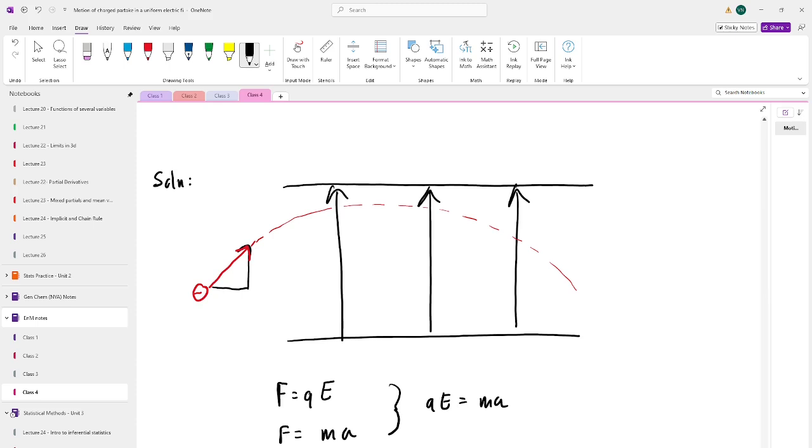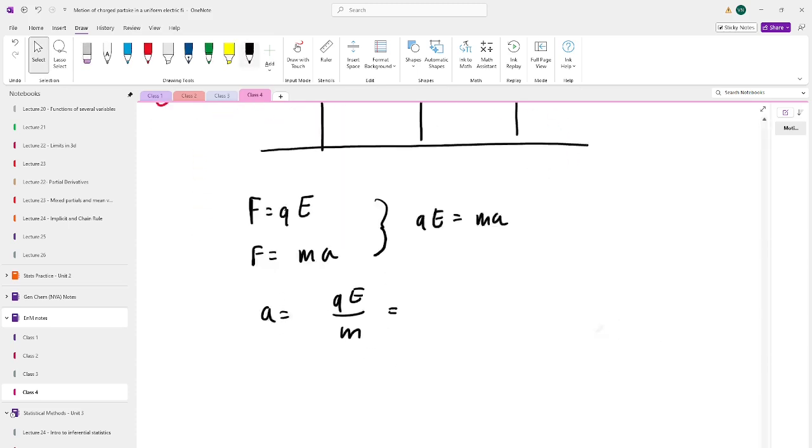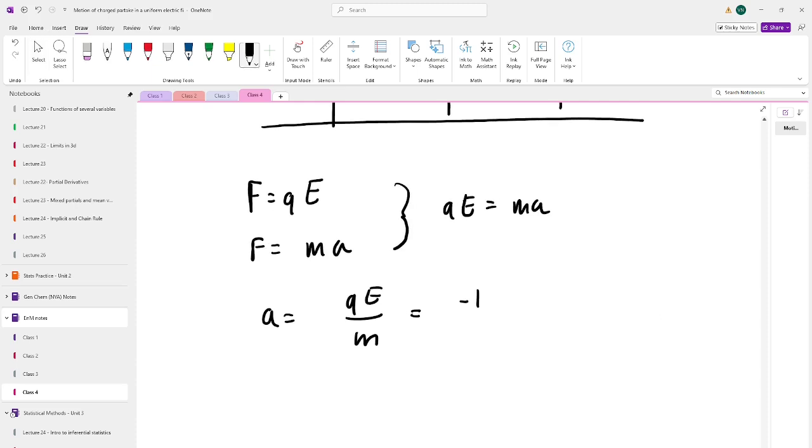That also makes sense because we can see that the particle was given an initial velocity like that, and its final velocity is like that. So there has been no change in the horizontal speed, but the vertical velocity has gone from going straight up to going straight down. Thus, there must be a negative acceleration in the y direction. So Q is going to be minus 1.60 times 10 to the minus 19.